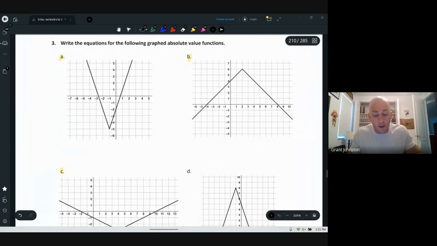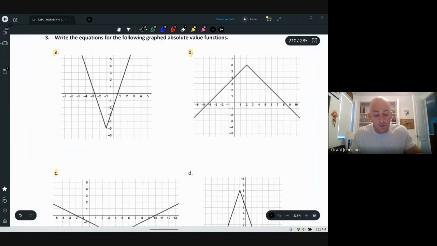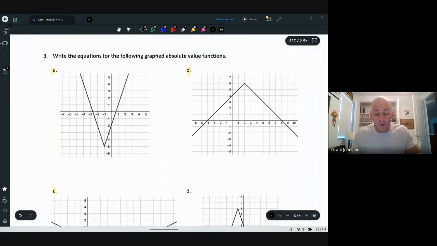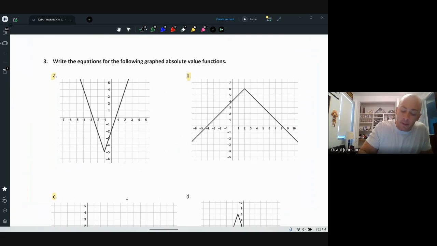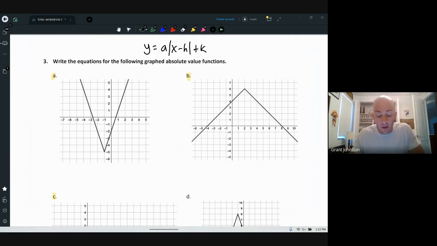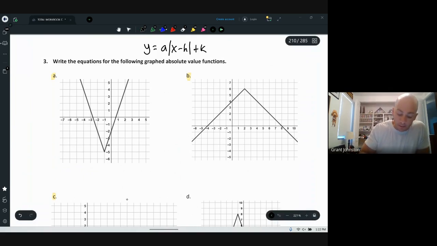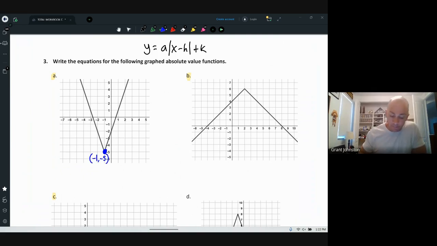So it says write the equations for the following graph absolute value functions. Okay. So remember the form for this would be, I'm just going to use y: y equals a x minus h plus k. Remember, hk is the vertex, right? So our first step is to determine the vertex. This looks like it's at -1, -5. And now let's try to find what the slope is.